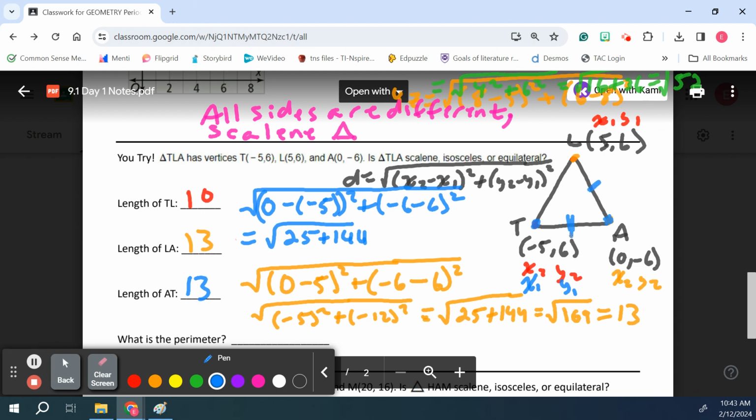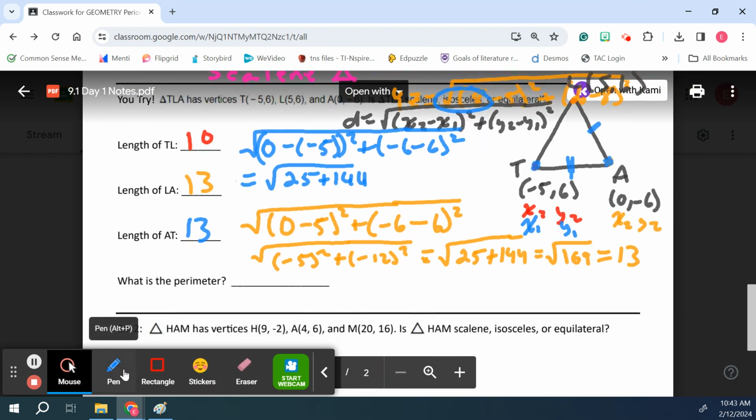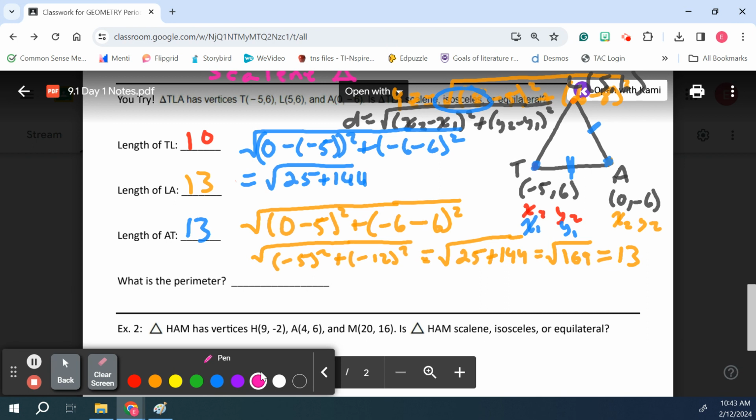So what kind of triangle do we have? We have an isosceles triangle, yep. And then they're asking, what is the perimeter? All we need to do there is 10 plus 13 plus 13, which leaves us with 36.